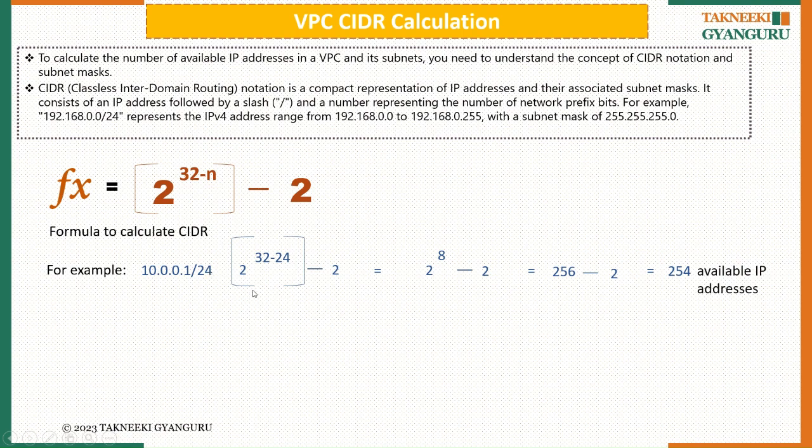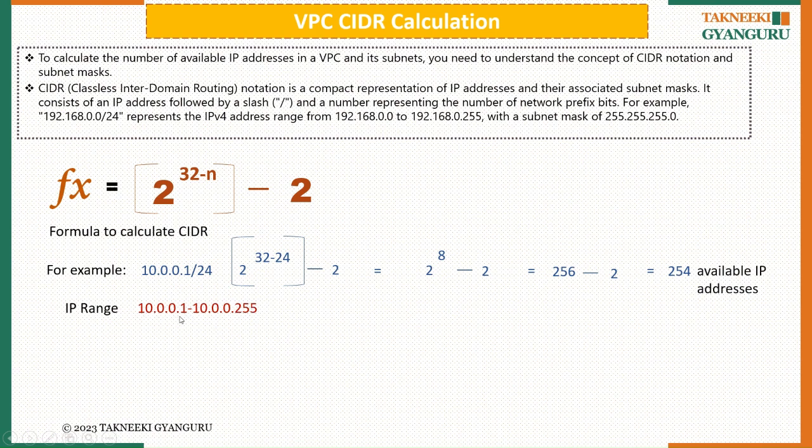But what is the range? The range should be 10.0.0.1, and we can count 254 from 1 to 254, so it should be 10.0.0.255. 1 plus 254 is 255, correct?